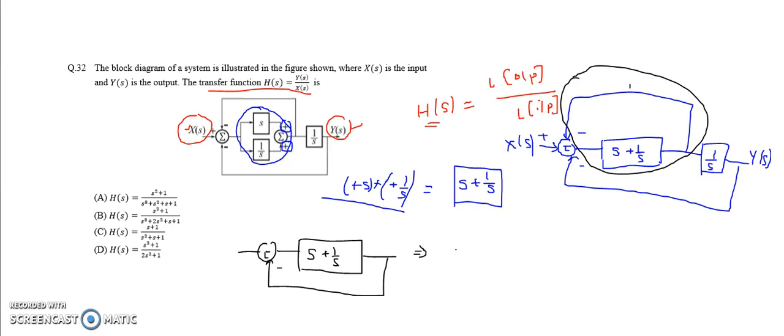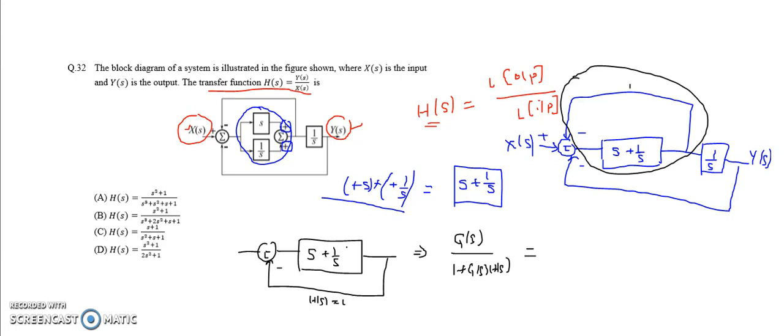So generally for a unity negative feedback, if the forward block is G(s) and H(s) is equal to 1, the transfer function formula is G(s) divided by 1 plus G(s) times H(s).